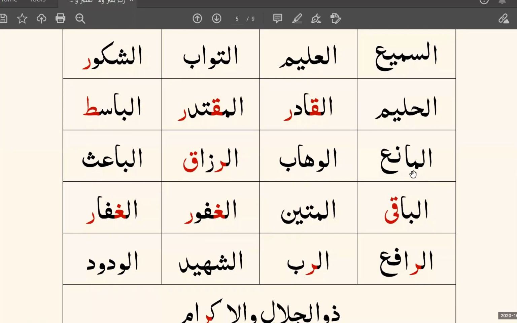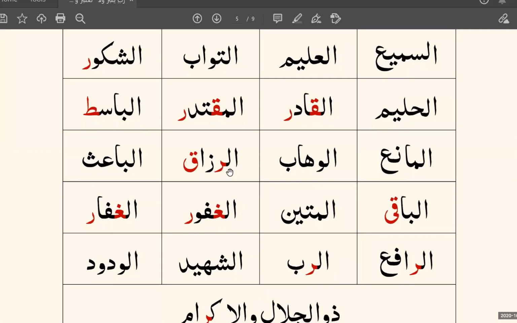And one line more. Alif, Lam, Mim, Alif, Noon, Ain. Alif, Lam, Waw, Ha, Alif, Ba.